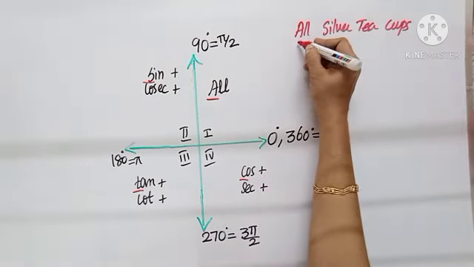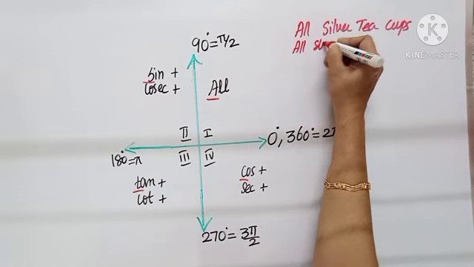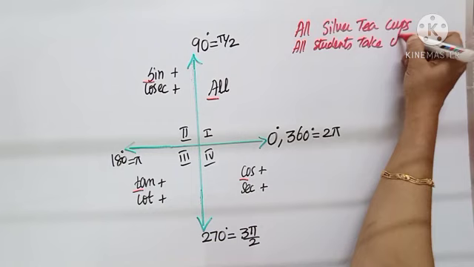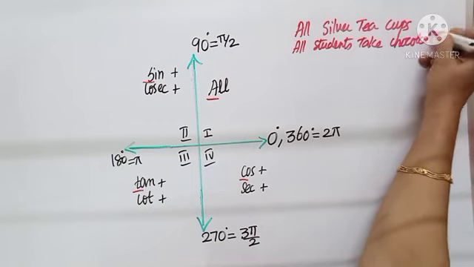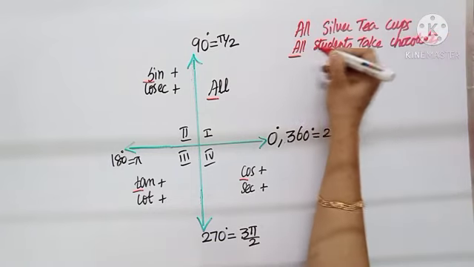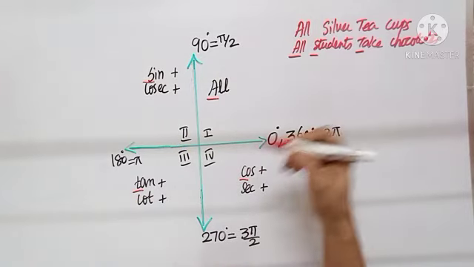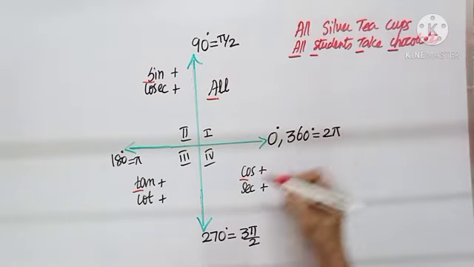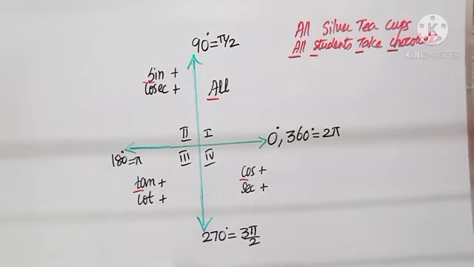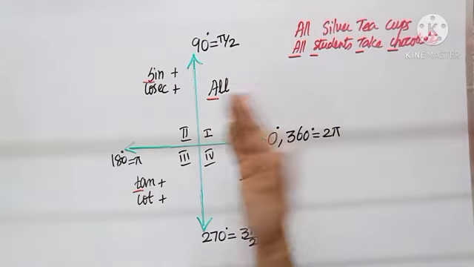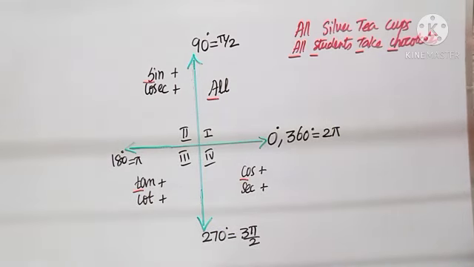Another way of remembering: all students take chocolates. You can remember any of these code words. So remember any of these code words to check which ratio is positive in which quadrant.